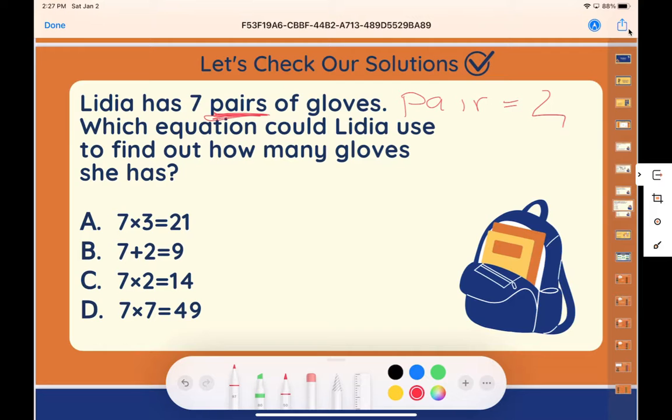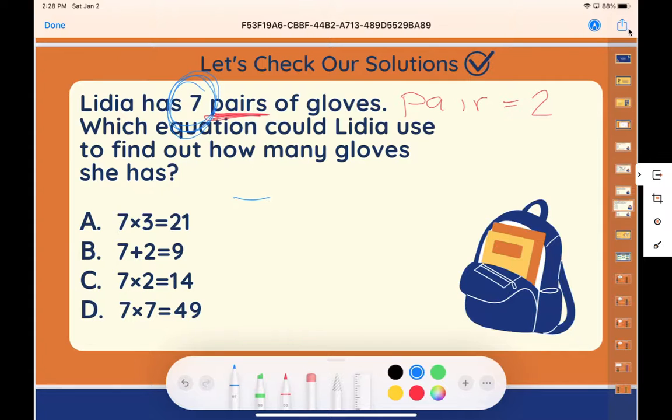Our question tells us that Lydia has 7 pairs of gloves. Well, if Lydia has 7 pairs of gloves, and we want to find the equation that will tell us how many total gloves Lydia has, what would it be?